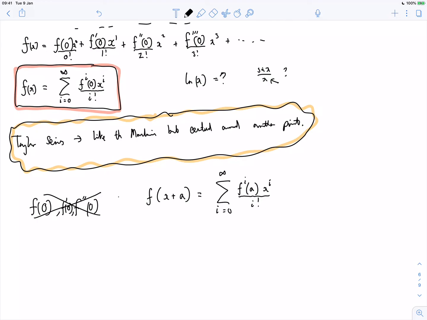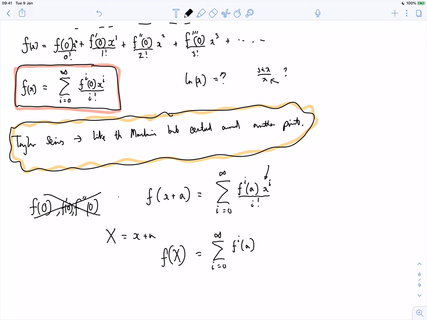But now I don't particularly want f of x plus a. Suppose I let capital X equal x plus a. So now I've got capital X of f equals the sum from i equals 0 to infinity of f^(i) of a, that's not a problem.